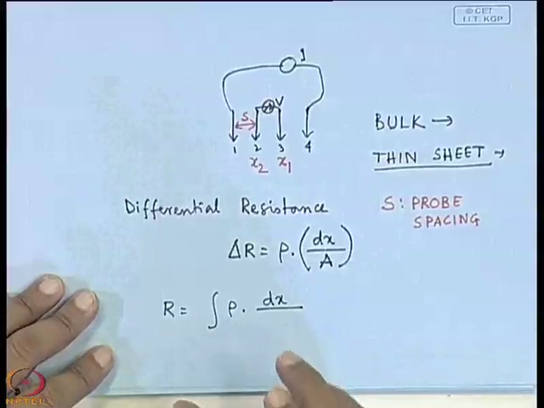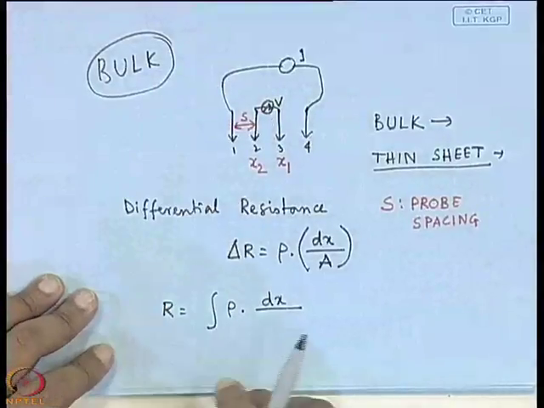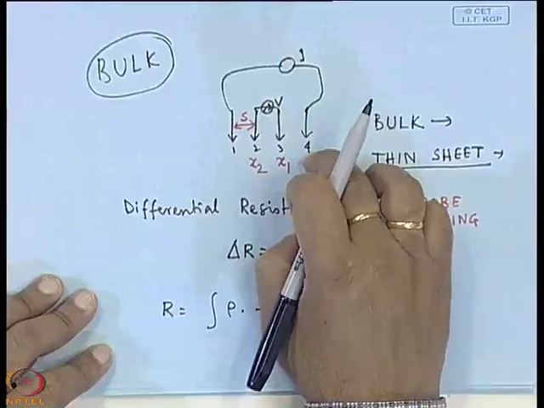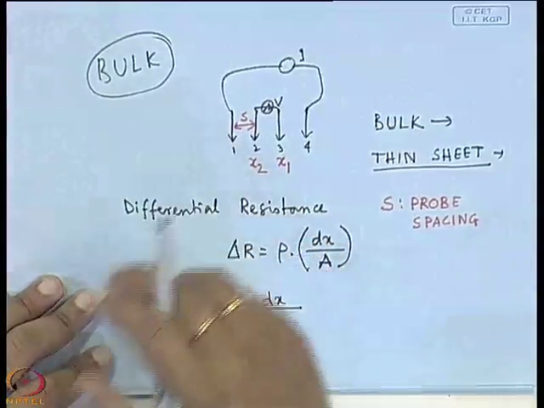Here you see that we are considering a bulk material. For a bulk material, we will assume that the current takes a spherical shape, because if you consider a point inside the bulk material, and think about the path of the current from that point towards the surface, it will assume a spherical type of path, as if the current is emanating and pushing through from the inner to the outer surface.